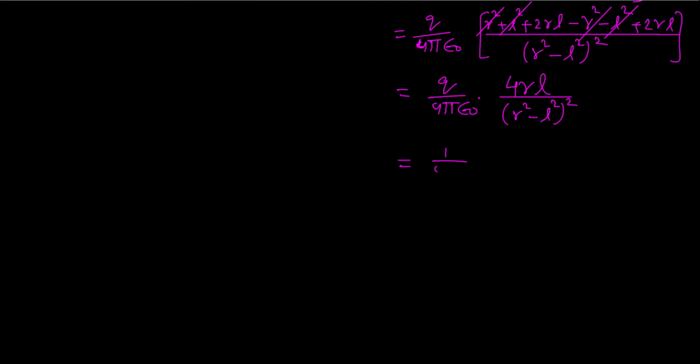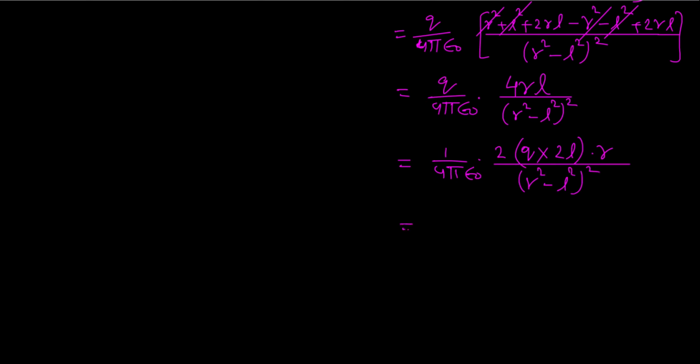So what I can write now, 1 upon 4 pi epsilon naught, and you can split this 4 into 2 parts, 2 into 2, so one 2 is outside, another you can write q times, another 2 will be written with l, so it will be q into 2l, and one r is also there, this divided by r square minus l square whole square.